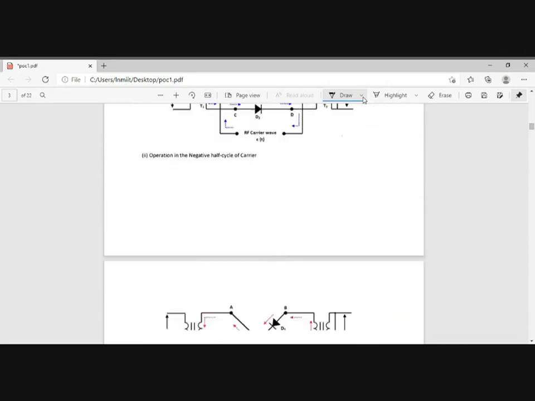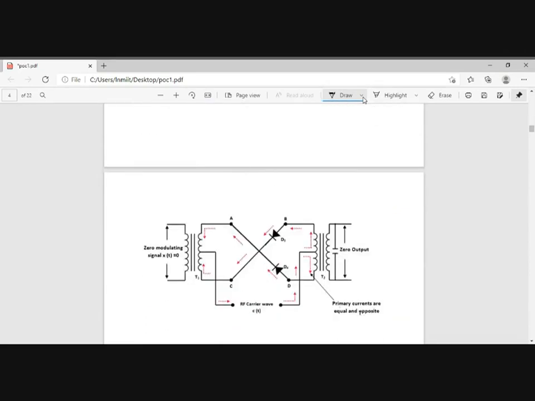If this is in the negative half, the current flows from this direction to this direction, right? So this will be on, this will be on, and these two will be off. That means D1 and D2 are off. So the structure changes to this.